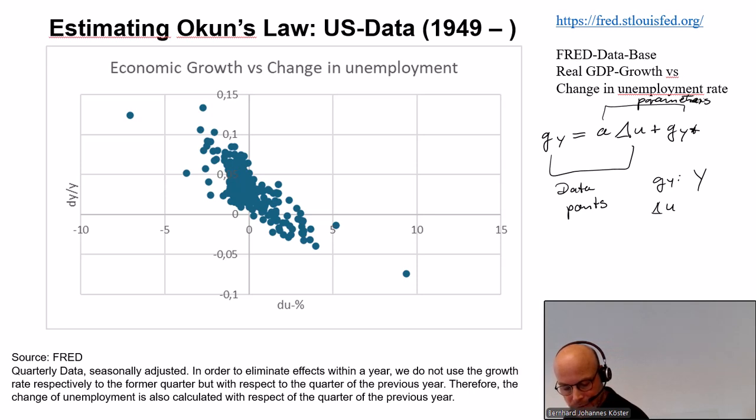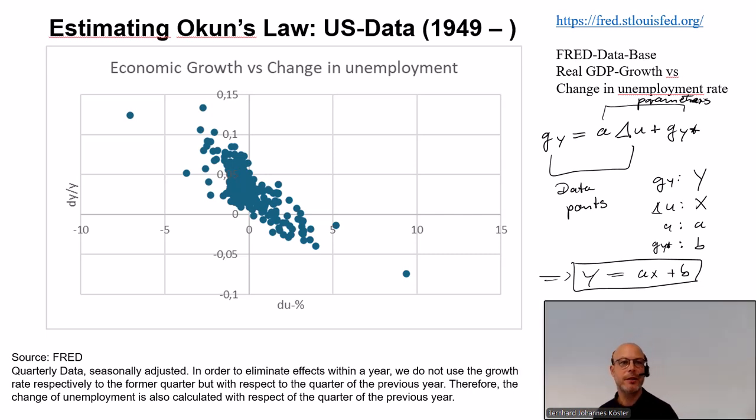Delta u would be then our x, a still a, and gy star would be b, and then you end up with y equals ax plus b, and this is our linear regression equation. But I will show it to you in general.